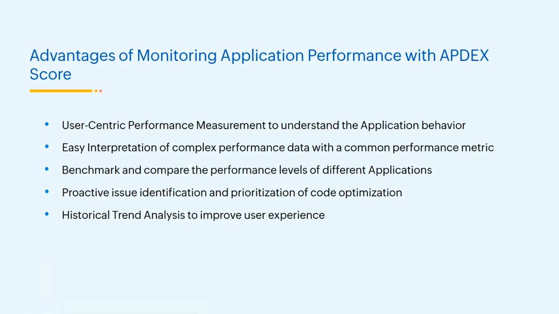And alerts are triggered, enabling quick issue identification and improving the key transaction that impact user satisfaction. At last, the historical AppDex trend data will allow you to analyze the performance pattern over time and it will help you to understand the performance trends and identify the improvements for ensuring a consistent positive user experience all the time.